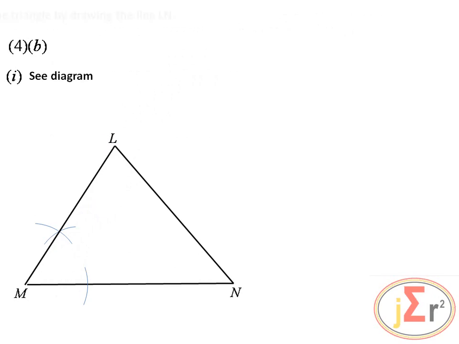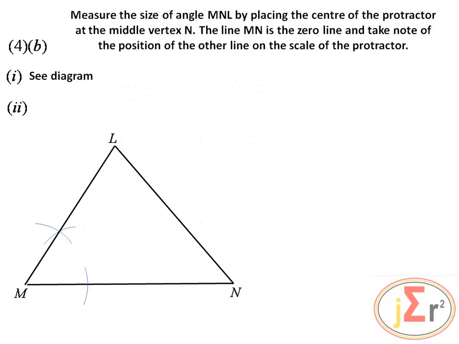Apart from that, we need to locate another point in such a way that the figure so formed will be a parallelogram. But before we do that, we need to measure the size of angle MNL.